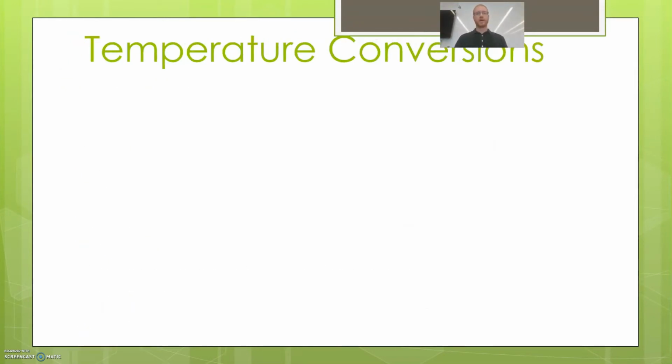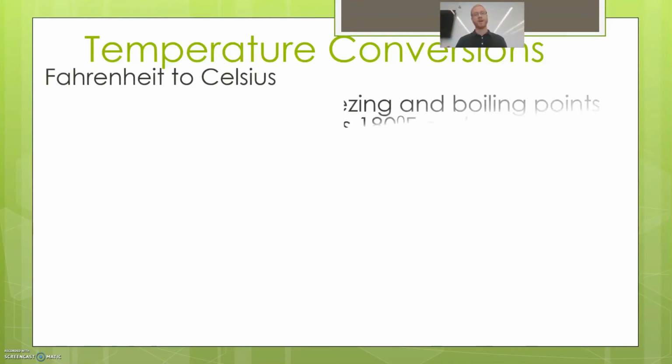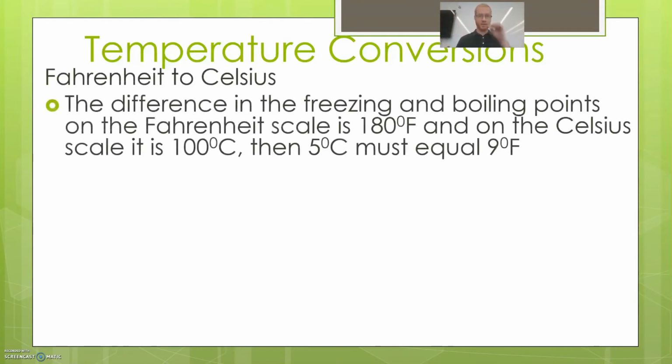Okay, temperature conversions. So now we need to convert between Fahrenheit and Celsius. Okay, between stupid units and pretty good units. Not the best, but pretty good. Okay, so now the thing we notice here is that the difference between freezing and boiling points of water are 180 degrees Fahrenheit and 100 degrees Celsius.